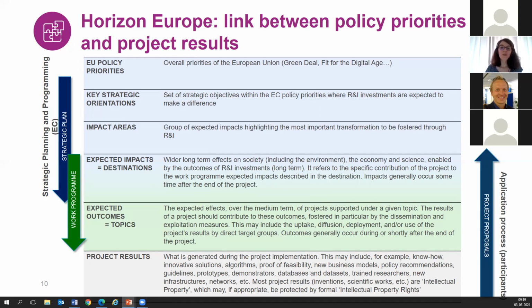This may include the uptake, diffusion, deployment, or use of the project results by a direct target group. Those outcomes generally occur during or shortly after the end of the project. So we really have the outcomes at short and medium term, and impacts at a wider long term. These are the key notions for impact in Horizon Europe. But we will go a bit more into detail in the next slide.